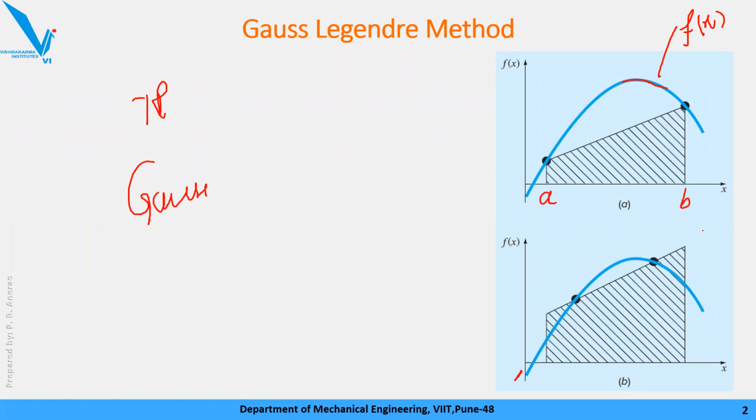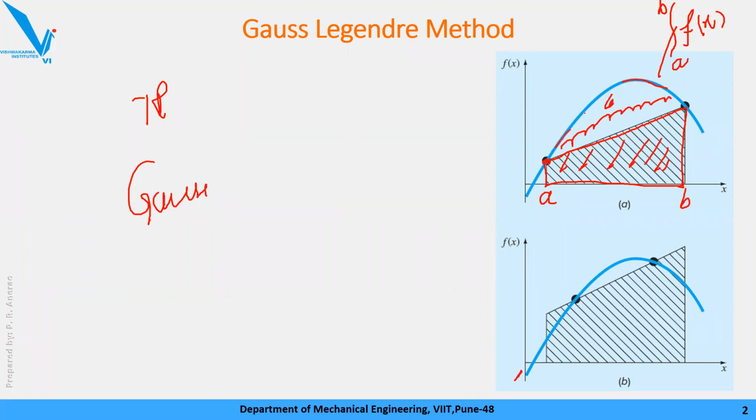So using the trapezoidal rule, we create a straight line like this, and we approximate the integration of this function over the limit a to b as the area under this line, right? But you will find that there is a tremendous amount of error present here.